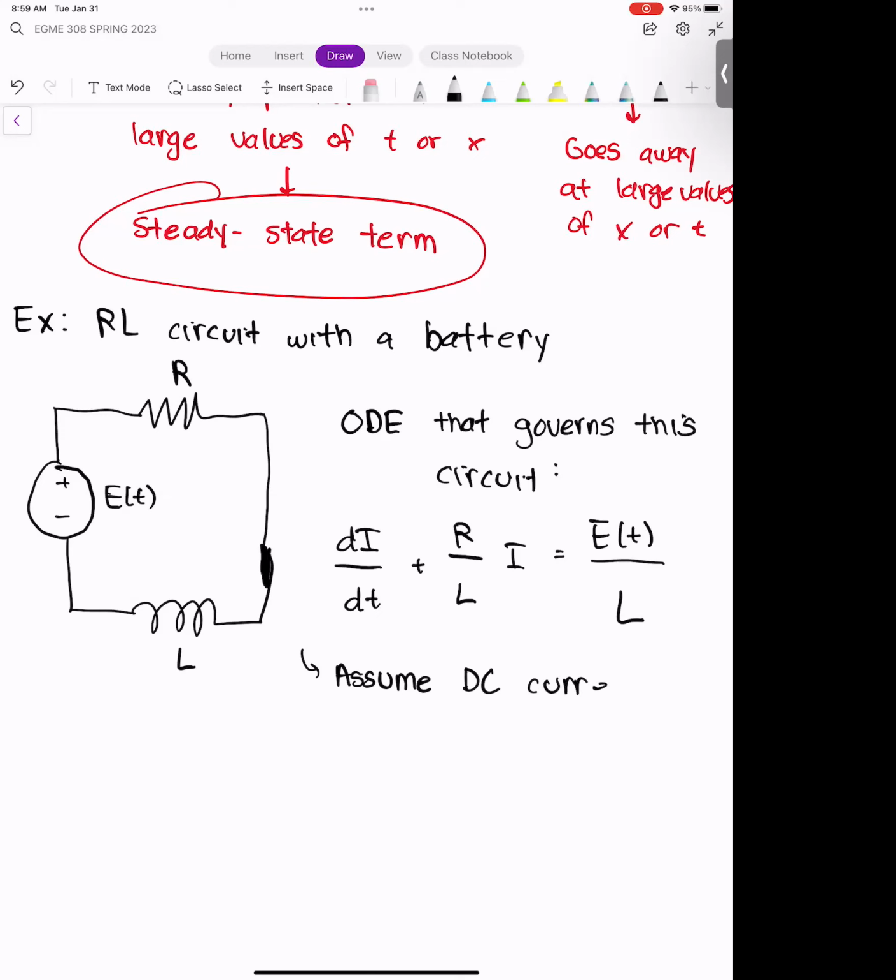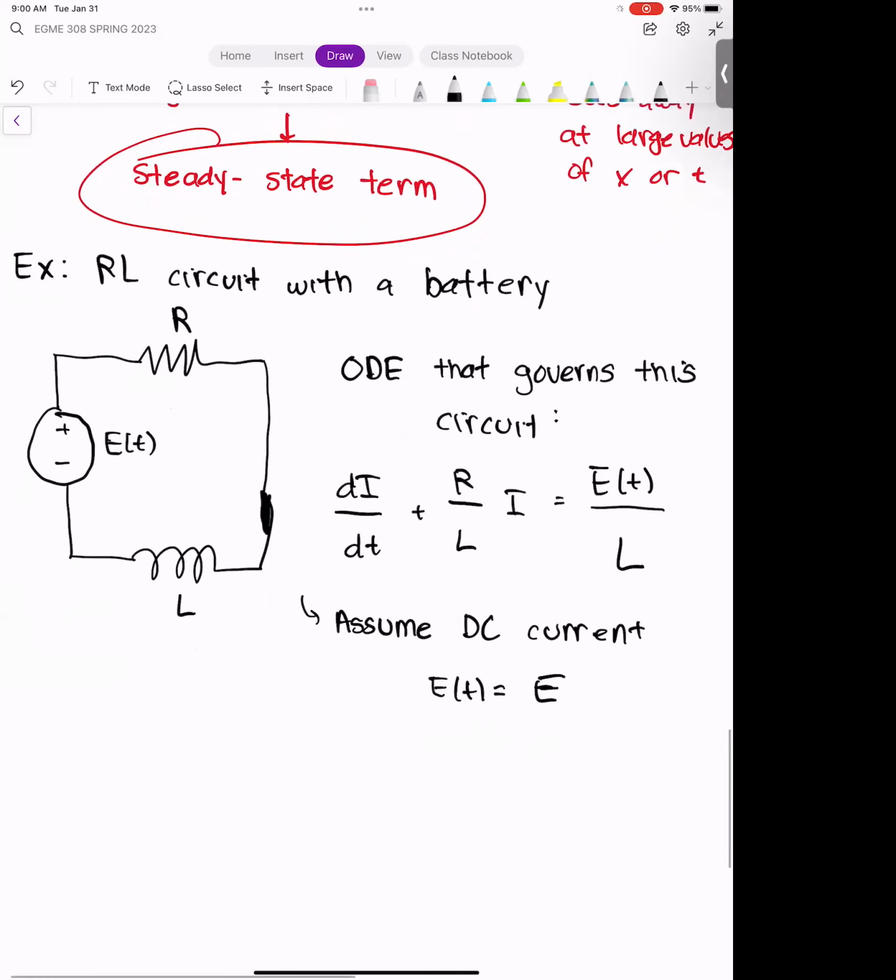And for this example, we're going to assume a DC circuit, and so the battery is going to provide a constant amount of voltage. So E of t equals big E, where big E represents the voltage in the battery. All right.